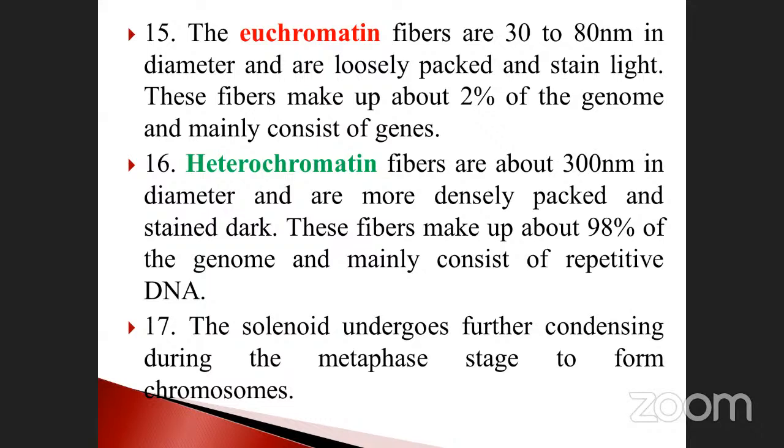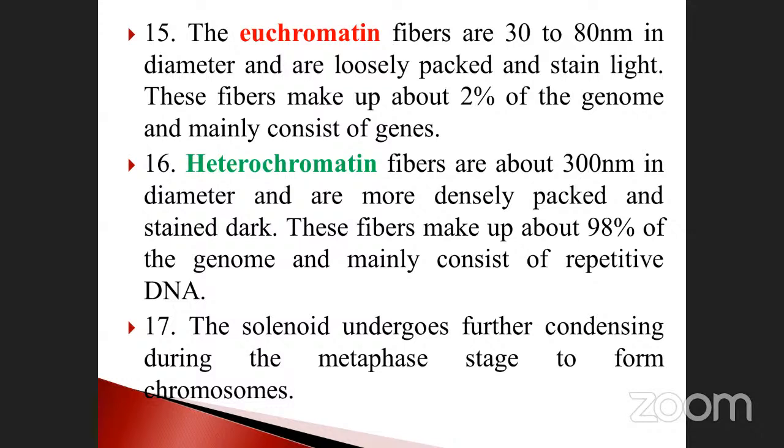And next one is called heterochromatin. It's a very, very important one. Fibers are about 300 nanometer in diameter and are more densely packed. Here loosely packed, here densely packed. And stain is dark. These fibers make up about 98% of the genome and mainly consist of repetitive DNA.